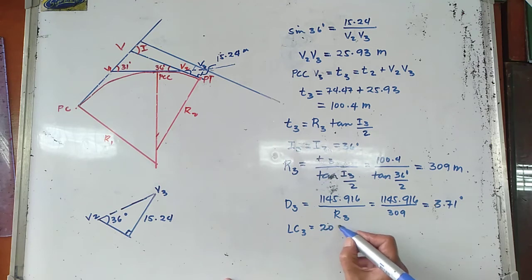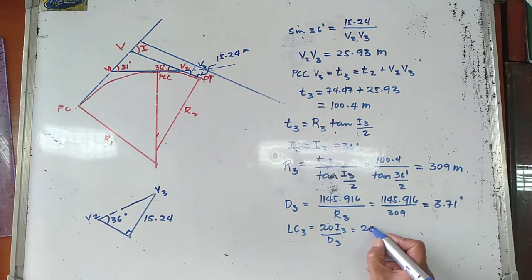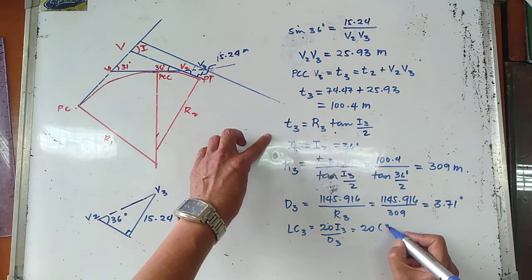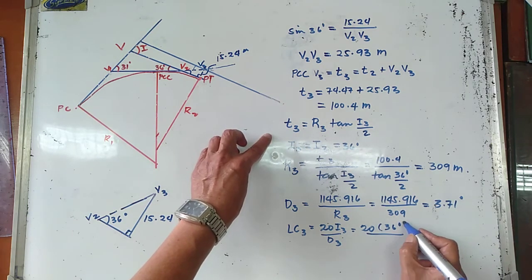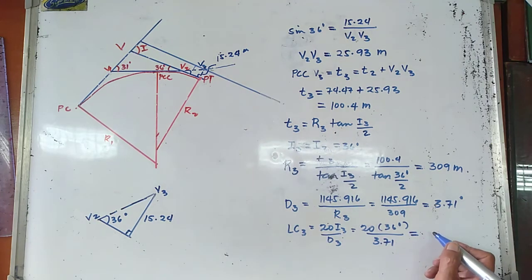So we are now ready to determine your LC3. And that is 20 I3 all over your D3. So your I3 is 36 degrees all over 3.71. And this is equal to 144.07 meters.